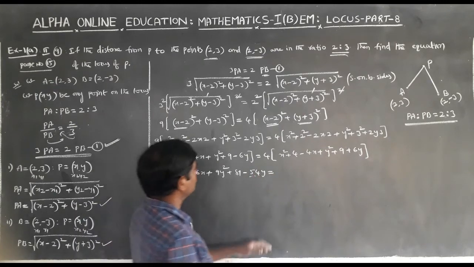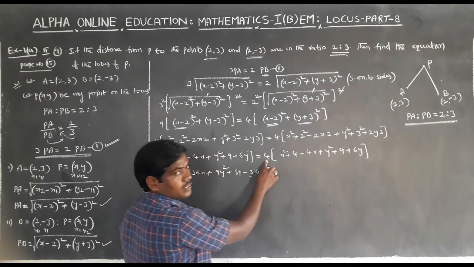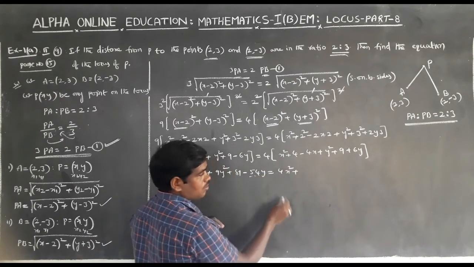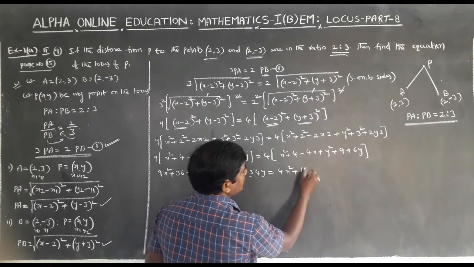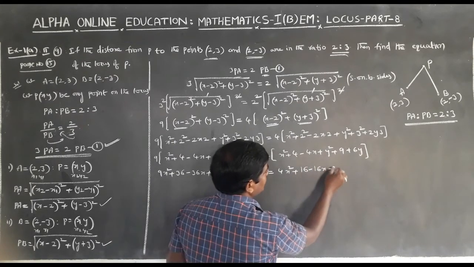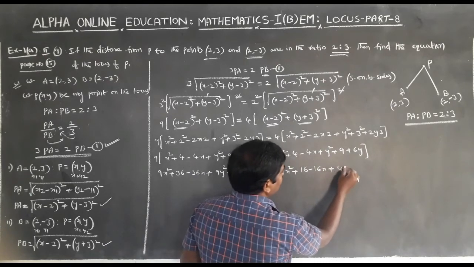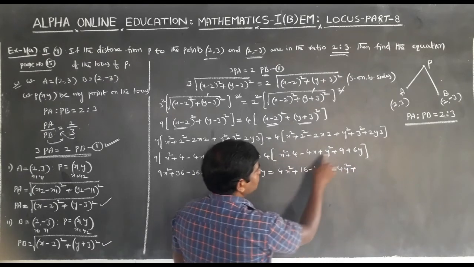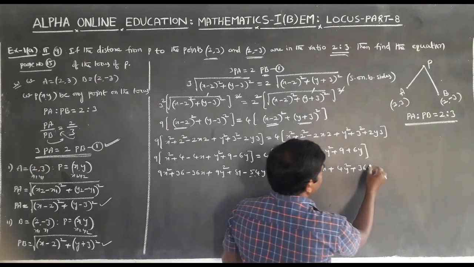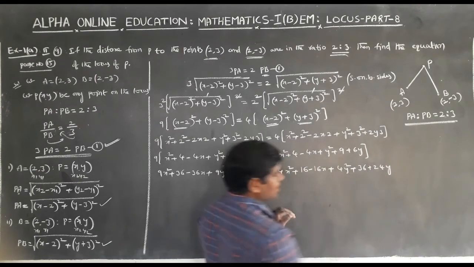This is equal to this total value multiply with 4: 4x² plus 4 fours are 16 minus 4 fours are 16x, plus 4y², 4 nines are 36, plus 4 sixes are 24y.